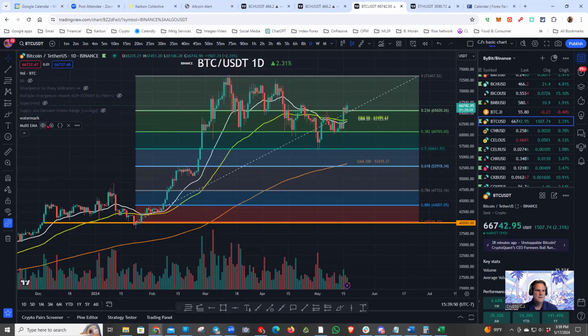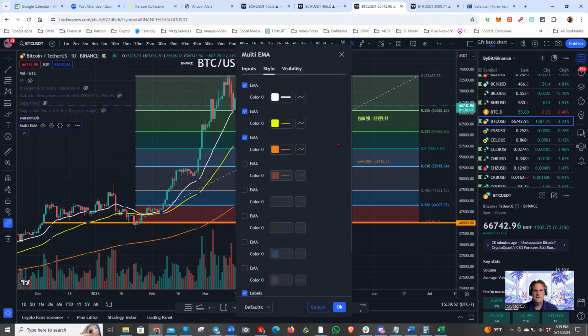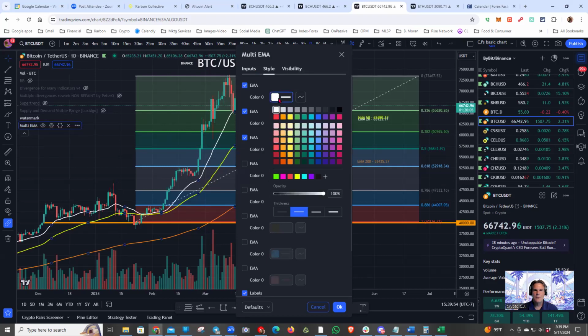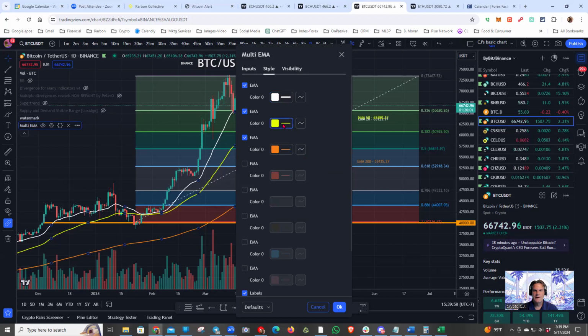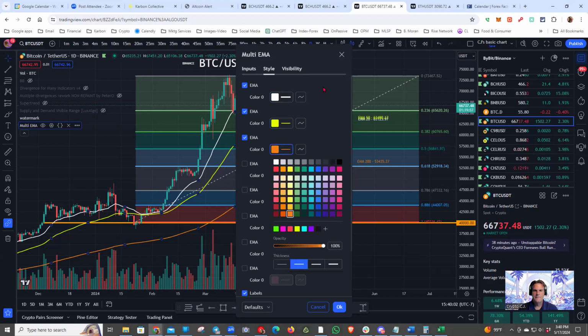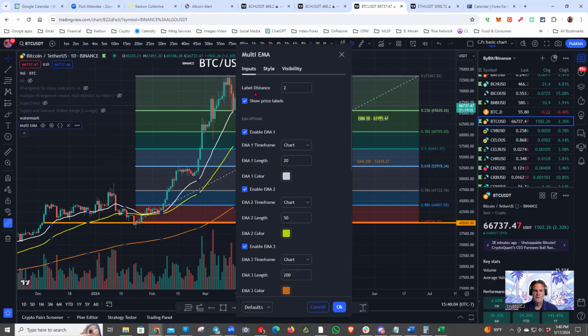And then I maxed these out on the opacity as well to get them a little bit brighter. And I use the 20, the 50, and the 200. That's mostly what the guys in CryptNation use, but you can make 100 instead of 200, whatever you want.